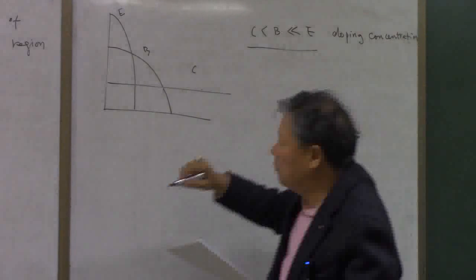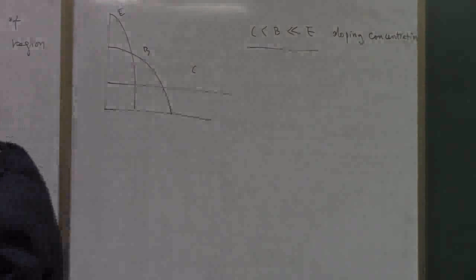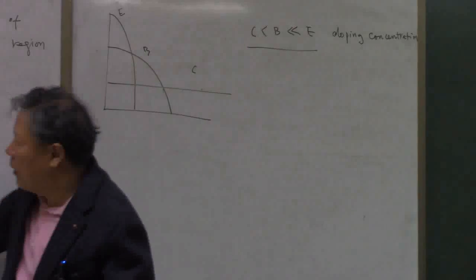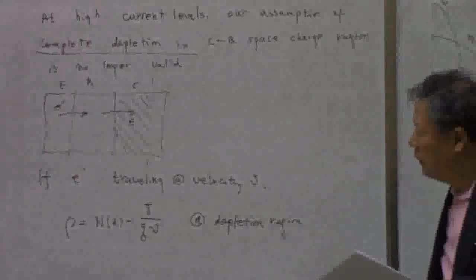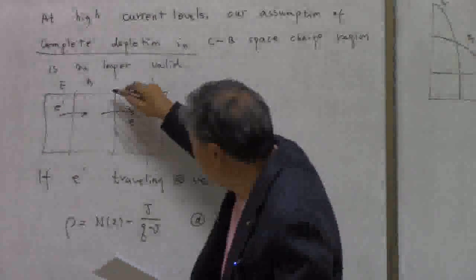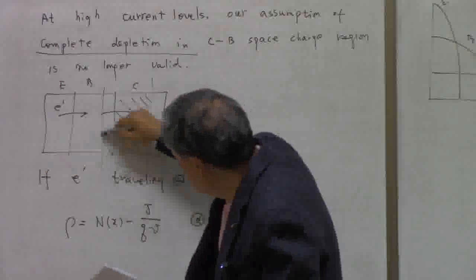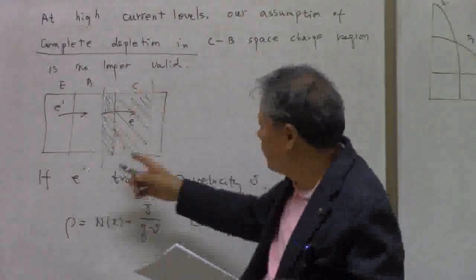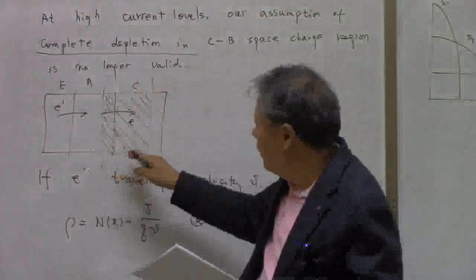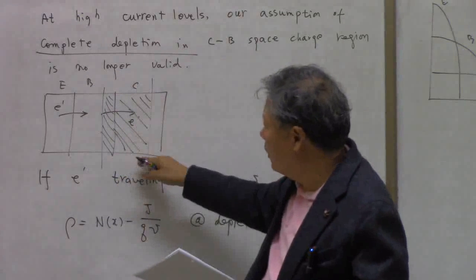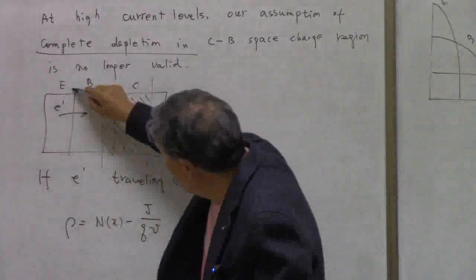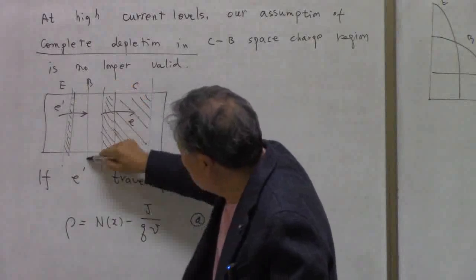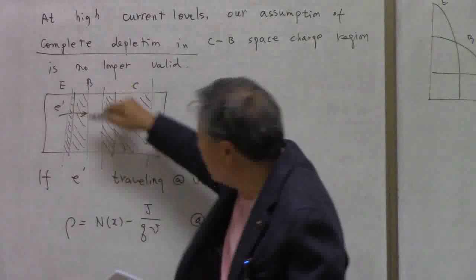Which means the depletion region in the collector is going to extend far to the end of the device, while the depletion into the base is going to be relatively smaller than the depletion region in the collector. Of course, in the emitter, the depletion region is very small compared to the base, something like this.